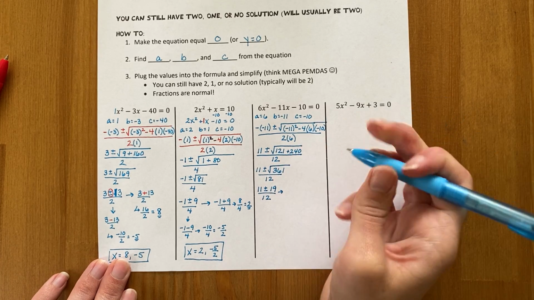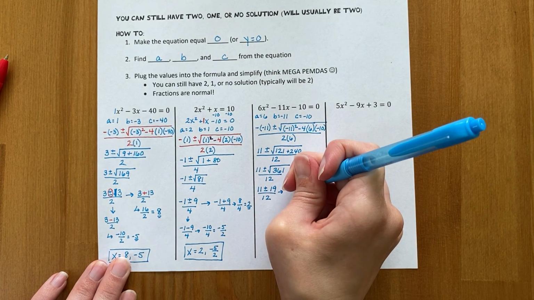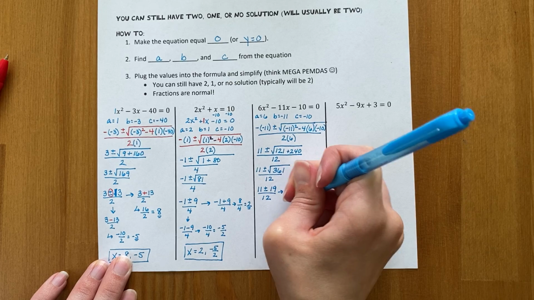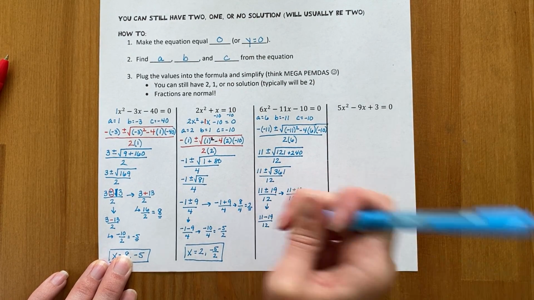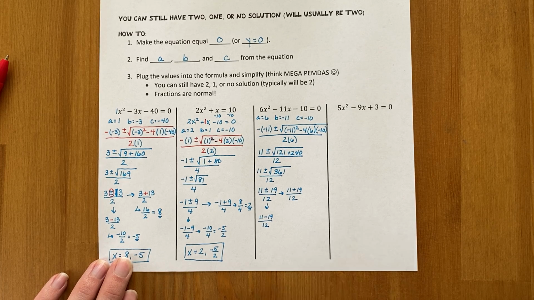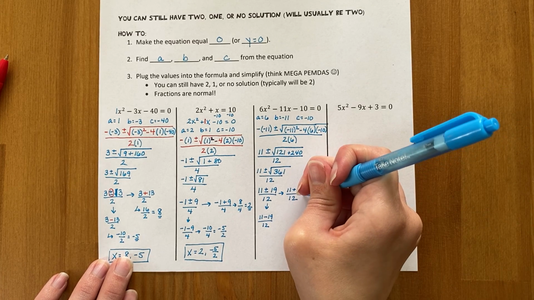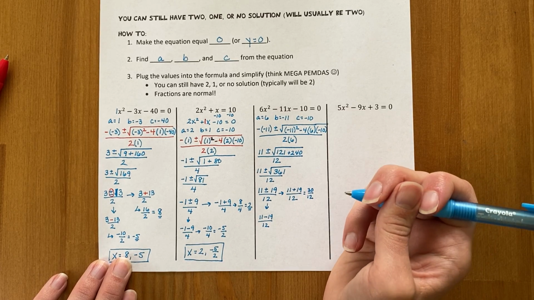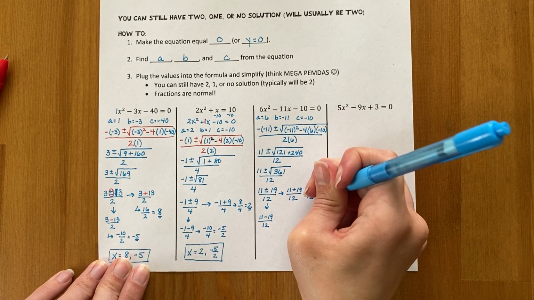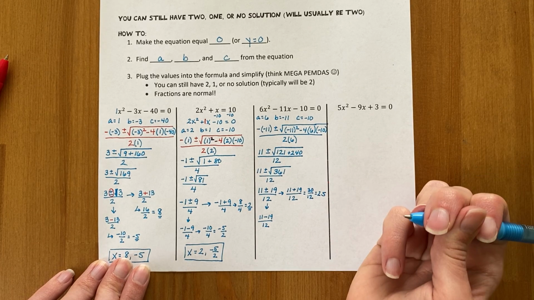So as I split it, I'm going to have 11 plus 19 divided by 12, and then 11 minus 19 divided by 12. So here, this one will make 30 divided by 12. And 30 divided by 12 makes 2.5 if you're thinking decimals.